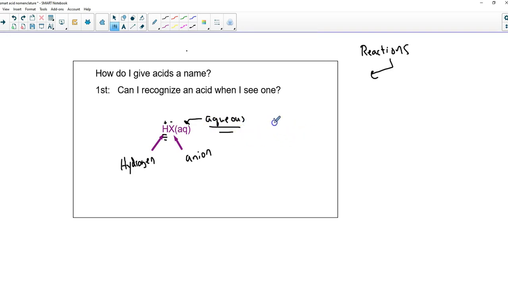For example, HCl in water technically would be hydrochloric acid. But HCl not in water, let's say maybe as a gas, would be hydrogen chloride. I would say that for the most part, we will just stick with this.